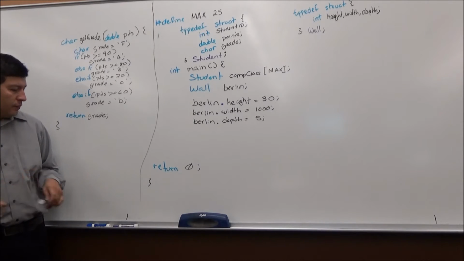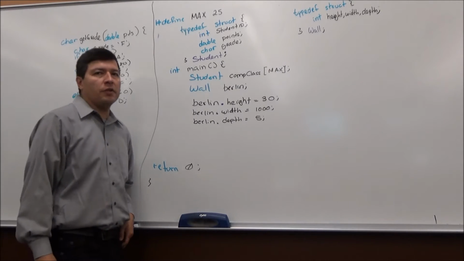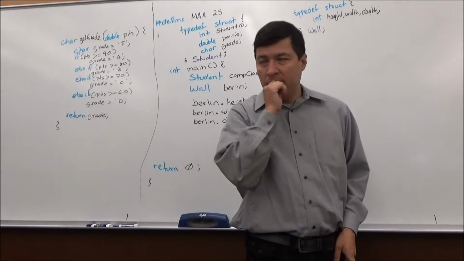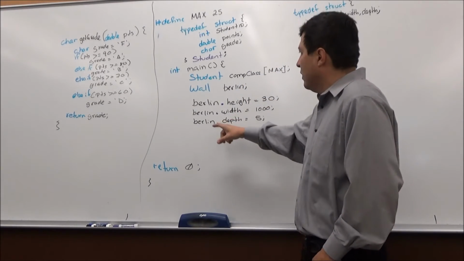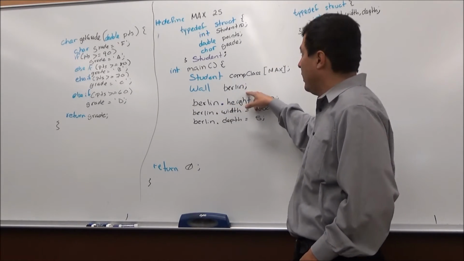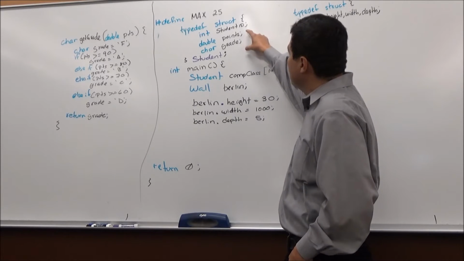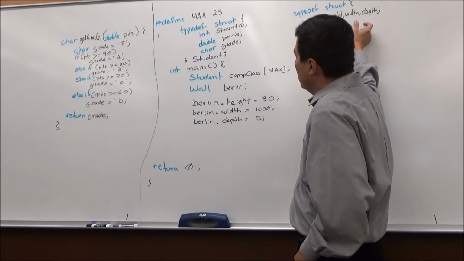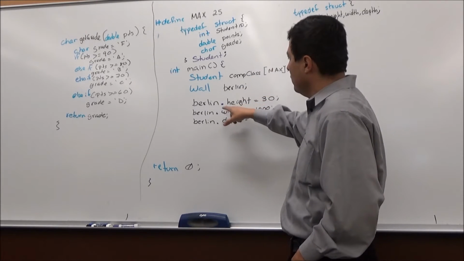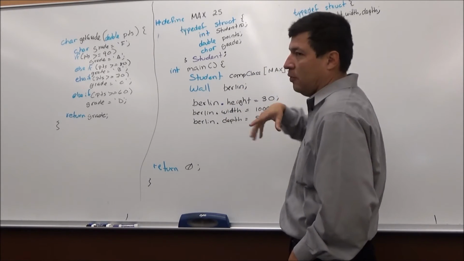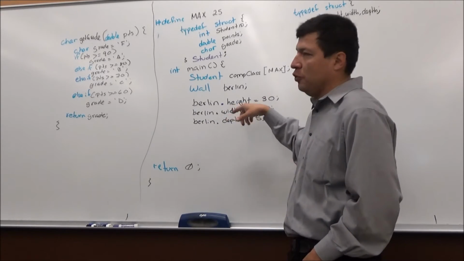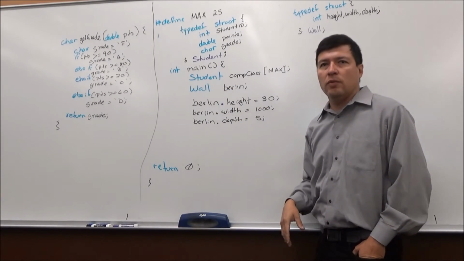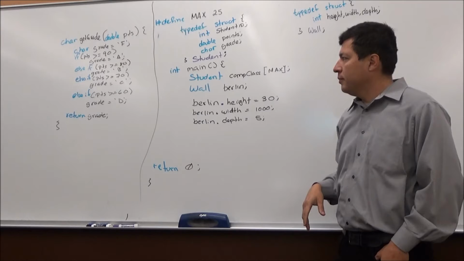So the idea of a structure is that I can declare a variable and I can access the elements or the attributes of that structure using just a dot, and then if you just type it, they should show up. The IntelliSense should prompt you.